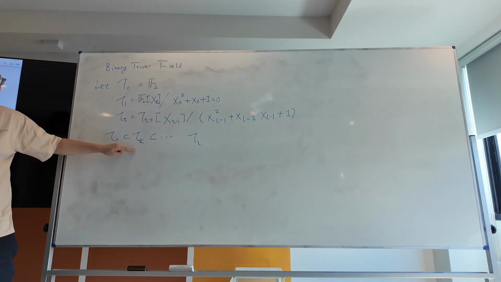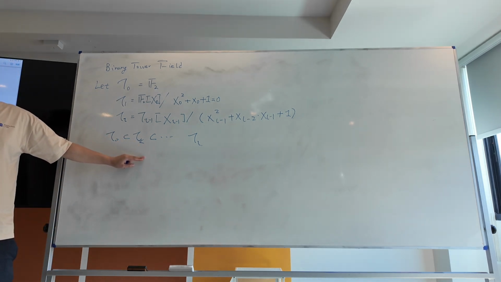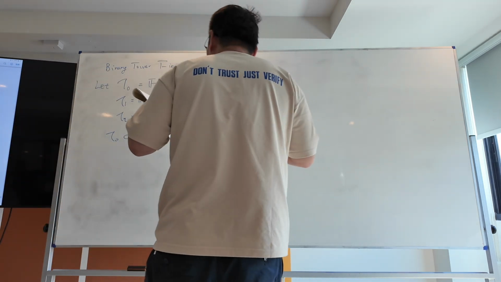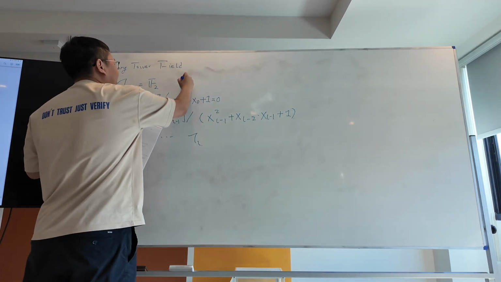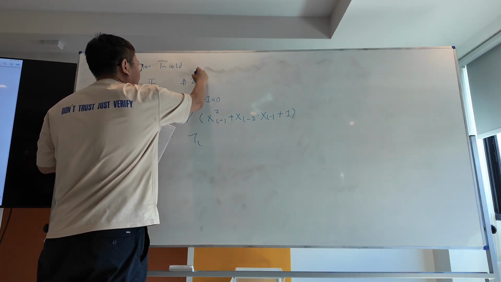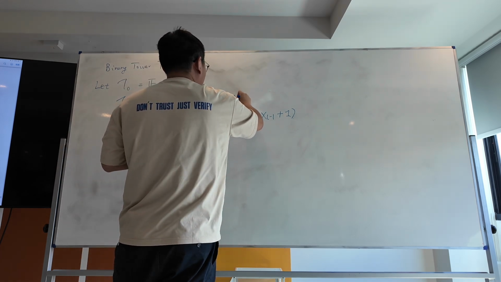So you have these inclusions. How big are these things? This is 2, which is 2 to the 2 to the 0. This will be 4, which is 2 to the 2 to the 1.